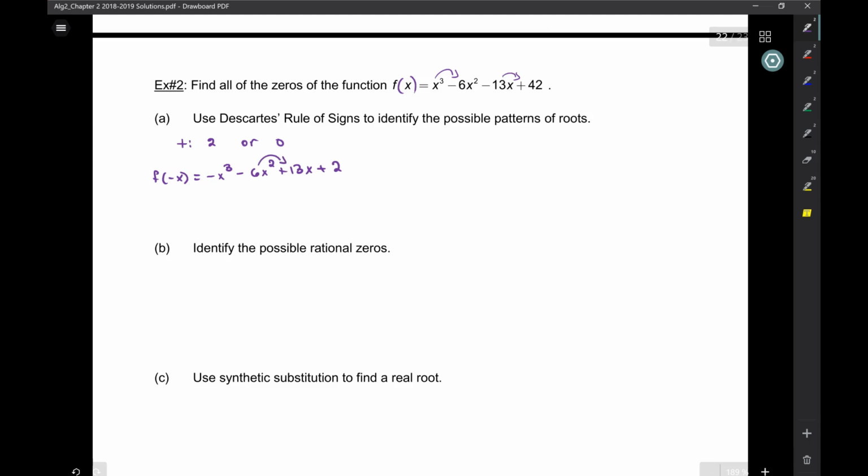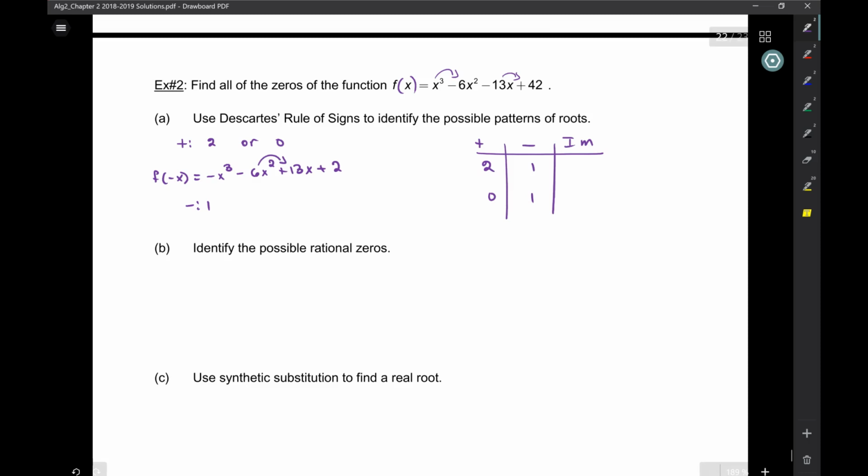Once. So number negative, 1. Positive, negative, imaginary. It's going to be 2, 1, and 0, or 0, 1, and 2.